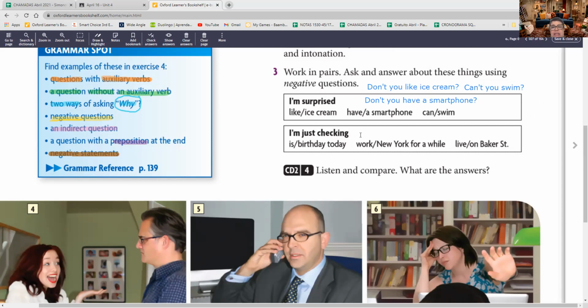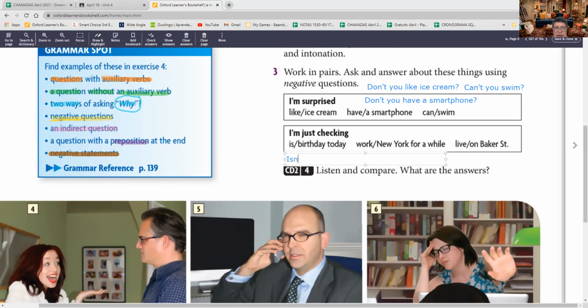Now, let's see the second possibility for using negative interrogatives. I'm just checking. So how can we do the first one? Isn't. Very good, Sabrina.